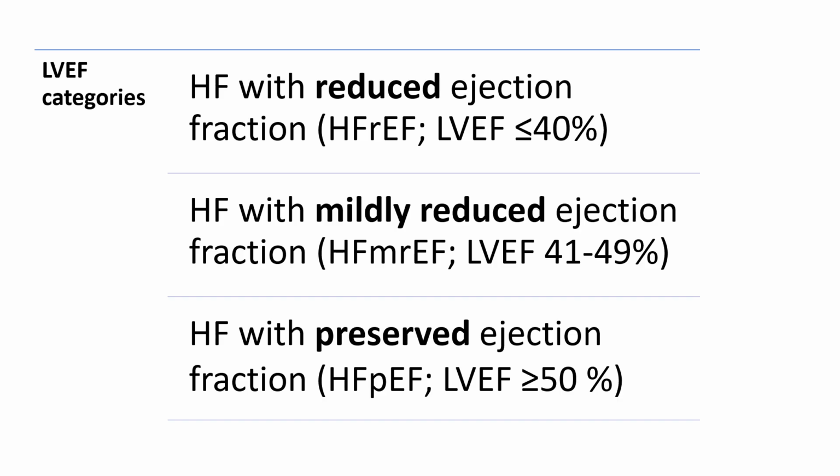And while it is easy to understand how a reduced ejection fraction can cause a drop in cardiac output, let's try to figure out how a preserved ejection fraction can cause a drop in cardiac output through the following examples.